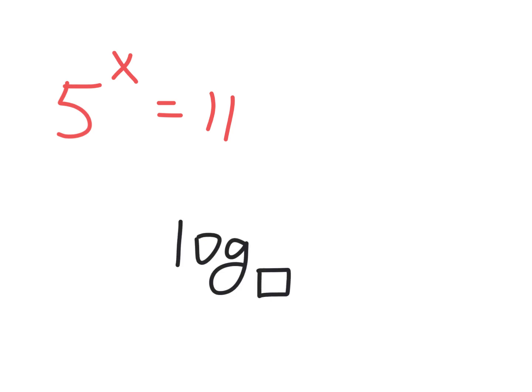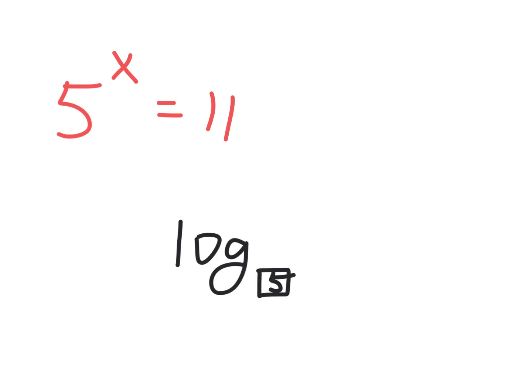All right, last thing. If you are in the Schoology quiz, stop for a second. Just pay attention. I know this is big. If I say 5 to the x equals 11, you have to know what the log is. It's log, but then what goes here?